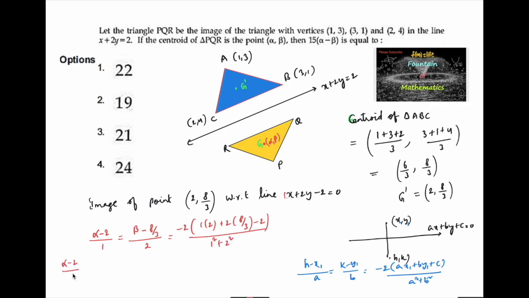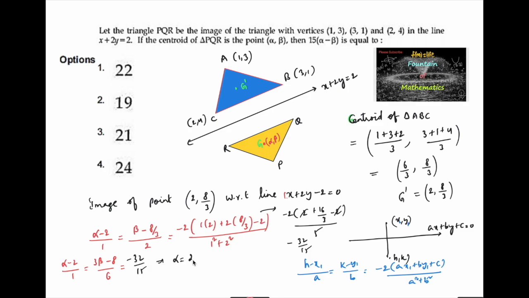That is alpha minus 2 upon 1 is equal to 3 beta minus 8 upon 6 is equal to, and here the simplification, minus 2 into 1 2s are 2, and here it is plus 16 by 3 and again minus 2, divided by 5. So here 2 gets cancelled, and we get minus 32 divided by 15.